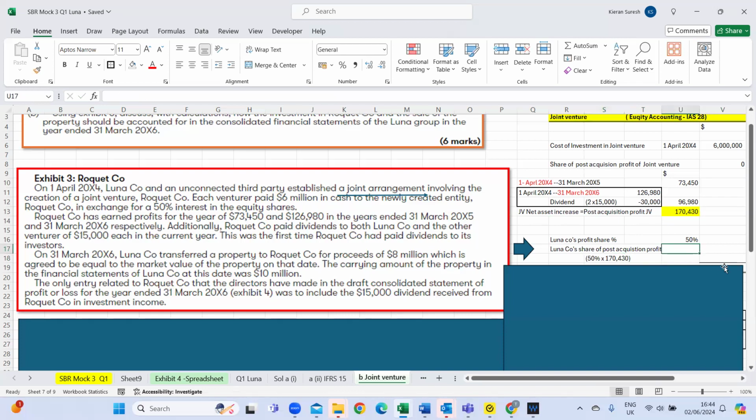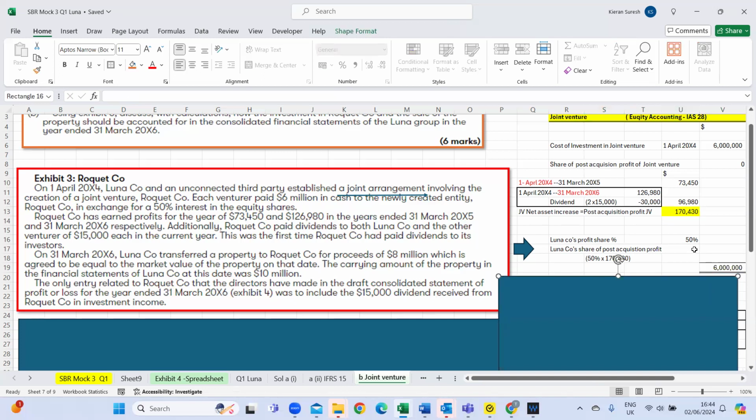So that would be equal to 85,215. That's 50%. So what is this 85,215 figure now?